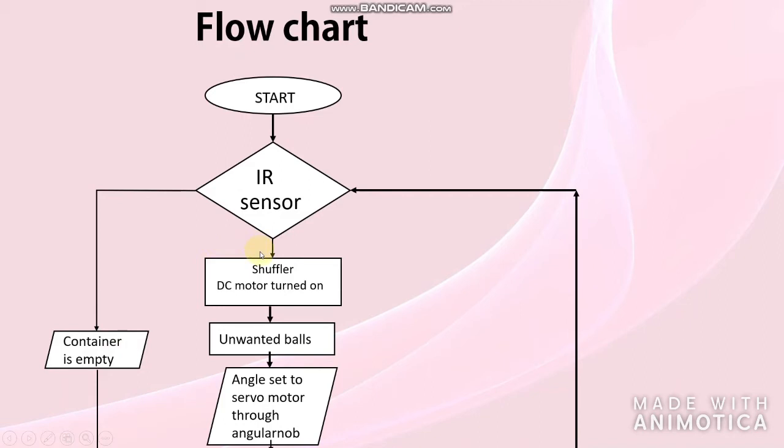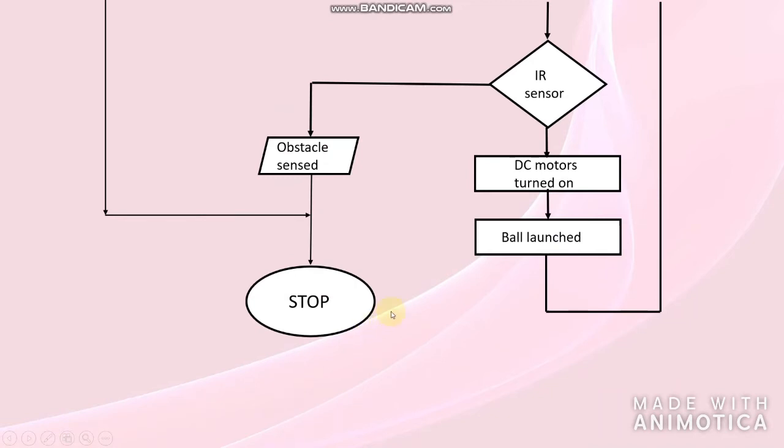If there are balls, then the unwanted balls are removed and the angle is given to the servo motor through an angular knob, and further the IR sensor will sense the presence of any obstacles in front of the launcher. If obstacles are sensed, then the machine will stop working. If there are no obstacles, then the DC motor will be turned on and the ball will be launched, and this will continue until obstacles are sensed.